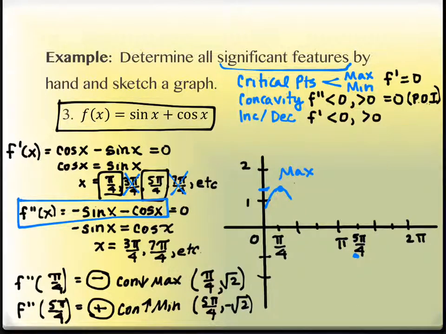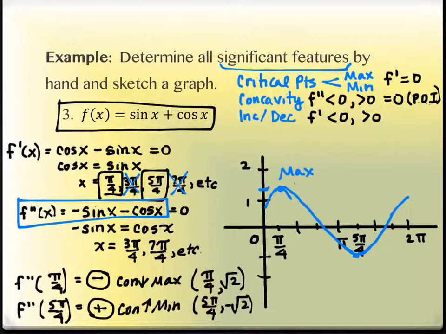I need to connect my maximum to my minimum, which also needs to look something like that, right? So if I go through here now and I draw this to connect them, they're going to connect something like this, right?